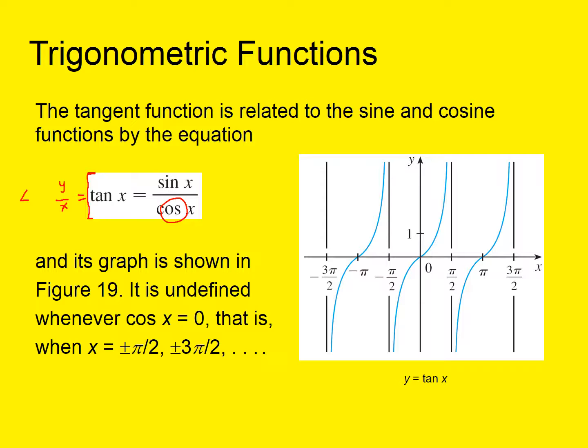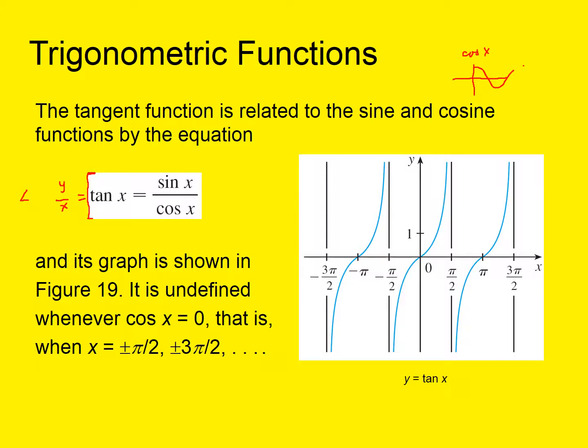And so whatever x value makes cos 0 is going to be an x value such that tan is undefined.